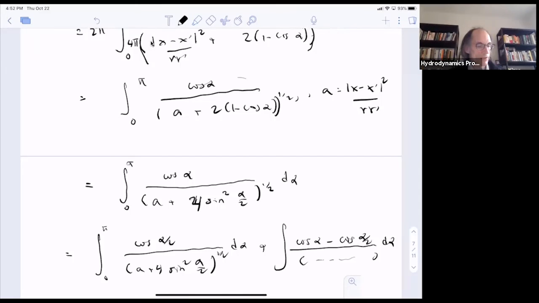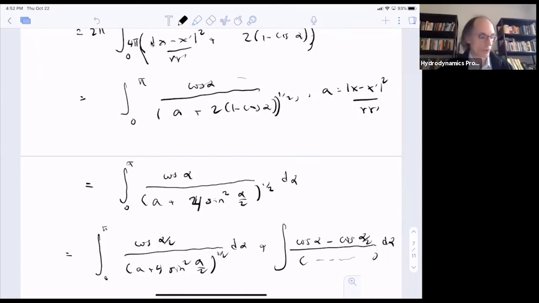So if alpha ranges from 0 to pi, then alpha over 2 ranges from 0 to pi over 2. That's dangerous only when alpha is 0. The denominator, so I only need to worry about alpha equals 0.